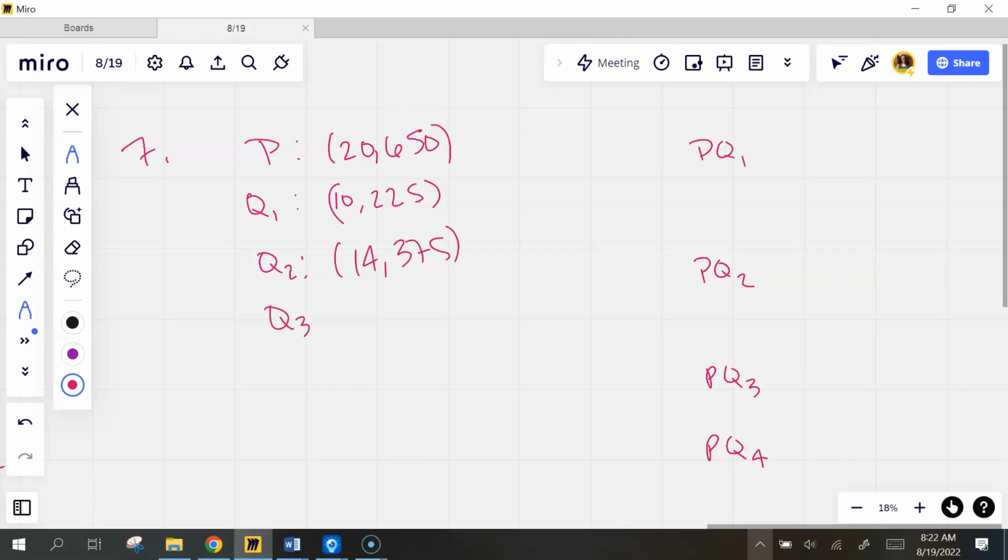We're just kind of estimating as best we can. Q3, maybe 16, up to maybe 475. Q4, it looks like about 17 and a half, but I'm just going to go with 17, 550 maybe.